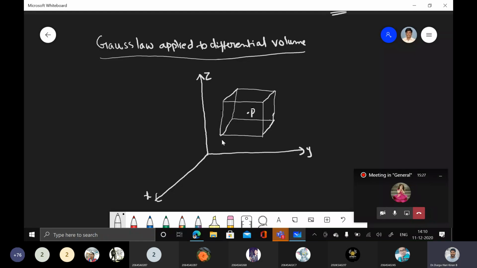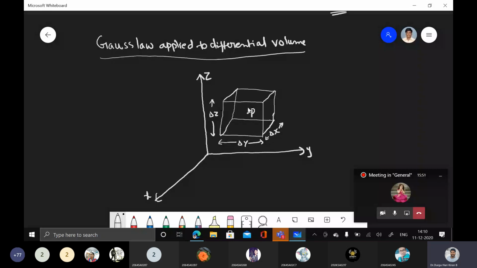The length on this side is delta y, on this side it is delta x, and on this side delta z.